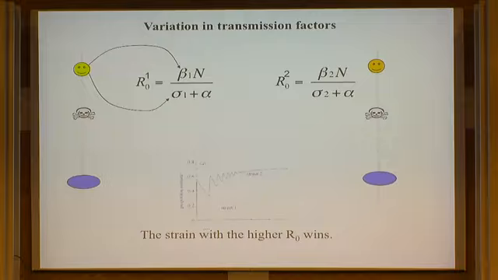By virtue of having a common antigenic determinant, they're essentially trying to exploit the same resource. As soon as one strain infects an individual, that resource is taken away from the second strain, and therefore they are in direct scramble competition for these resources, and the strain with the higher fitness, if you like, the higher R0, always wins.